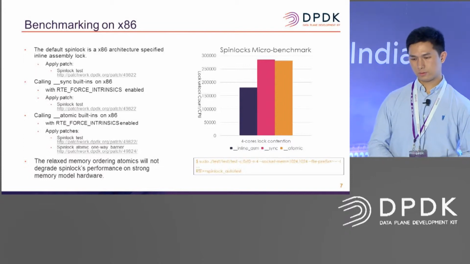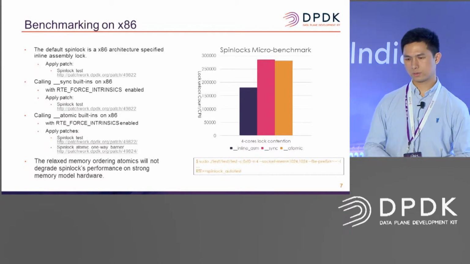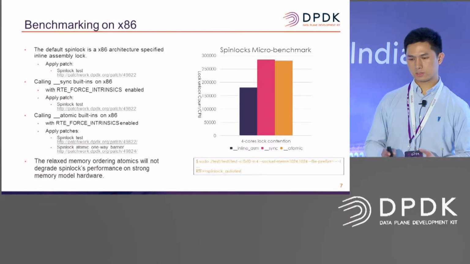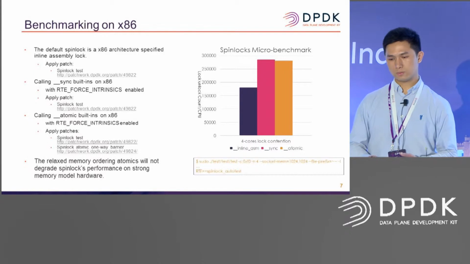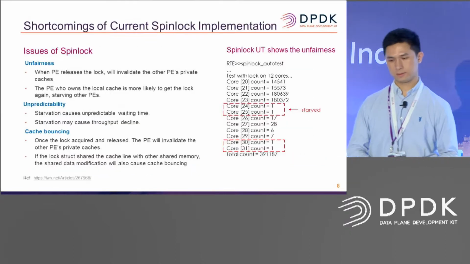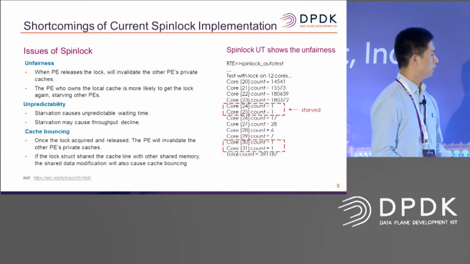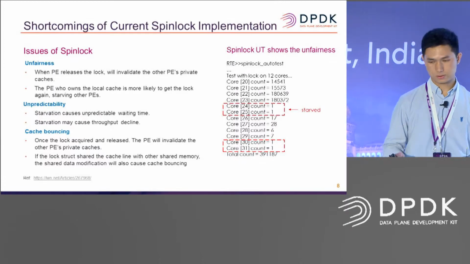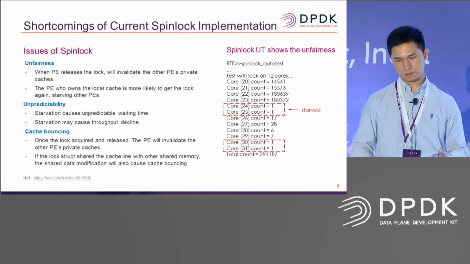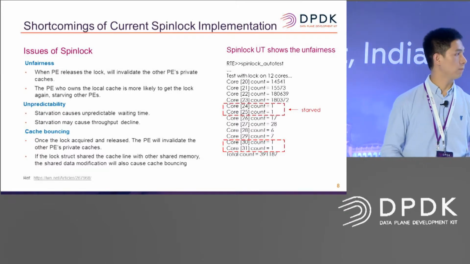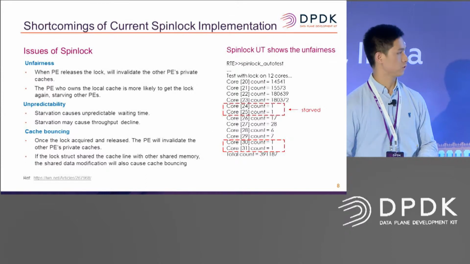For store release, all the loads and stores before the store release will be observed before the store release, and the loads and stores after the store release may be observed before the store release. That's how it works. There are two kinds of one-way barrier, and you can combine them to achieve your goals of data protection.